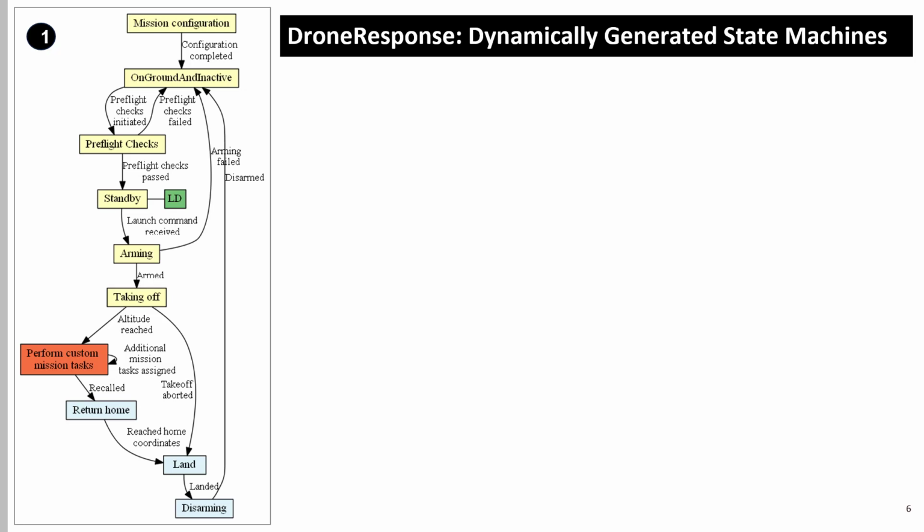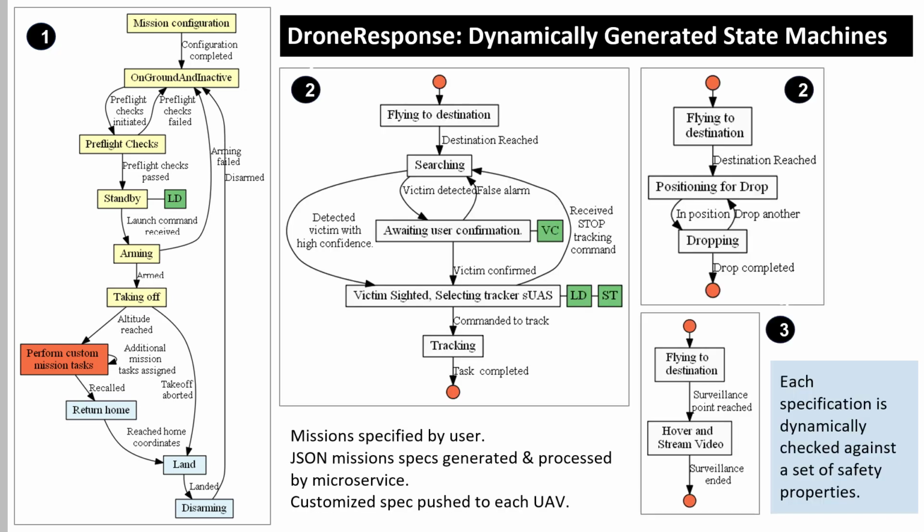On the left, colored in yellow, you can see the states that every drone goes through at the start of a successful mission. And then the orange placeholder represents the mission itself, followed by other blue-colored end-of-mission states. Mission-specific actions might include search and rescue, surveillance, or item delivery as shown here on the right.